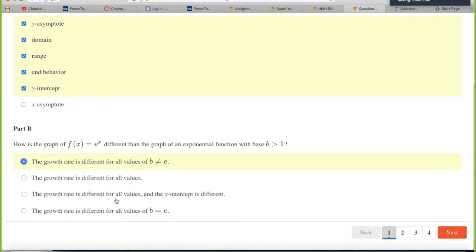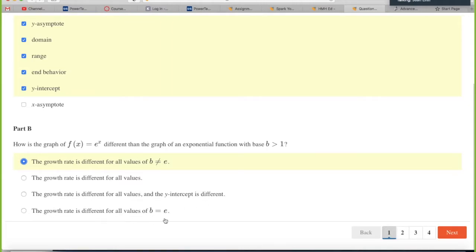The growth rate is different for all values, and the y-intercept is different. No. The y-intercept would be 1 at all of these values. Remember, that's only going to change if you have a plus or a minus something. Growth rate is different for all values of b equals e?